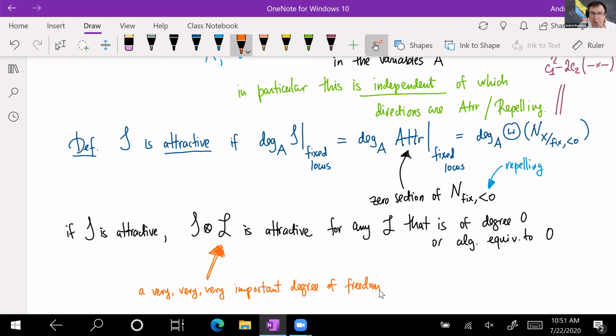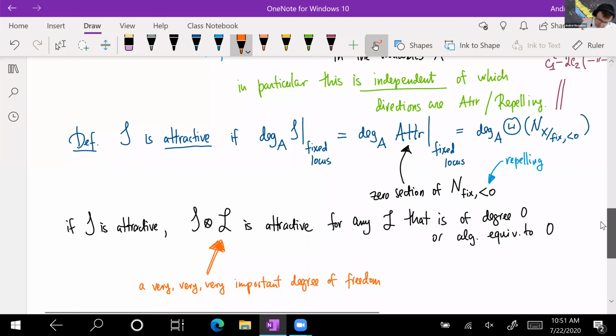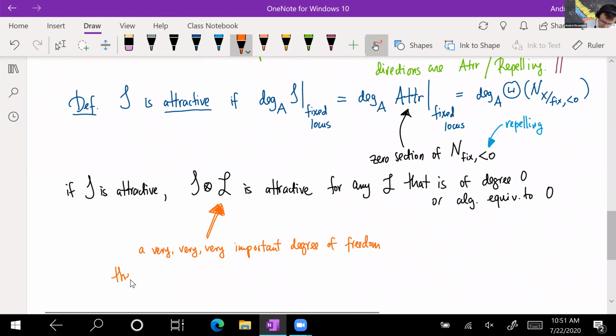In fact, we will not construct stable envelopes for one particular attractive bundle, but you should construct them for all of them. That's how the theory works.